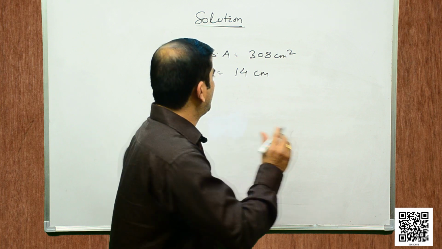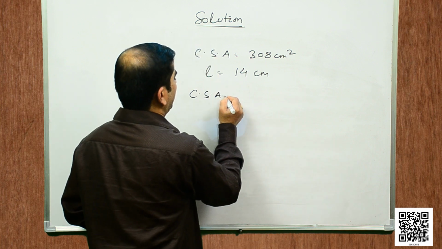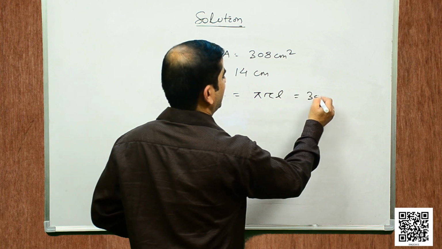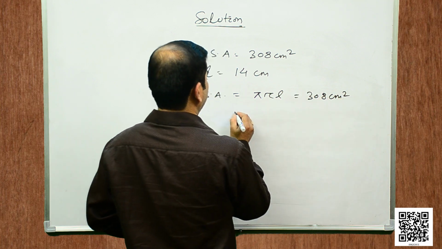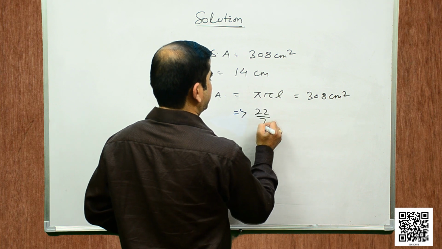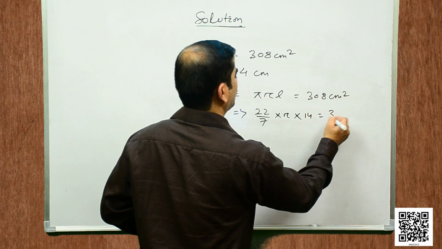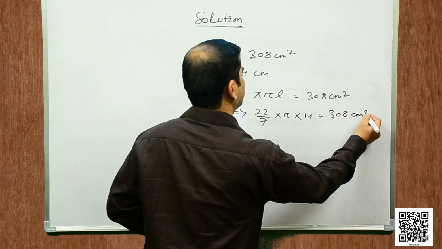Okay. So, we know that curved surface area is equal to pi r L, that is equal to 308 centimeter square. That implies 22 by 7 into r into 14, that is equal to 308 centimeter square.